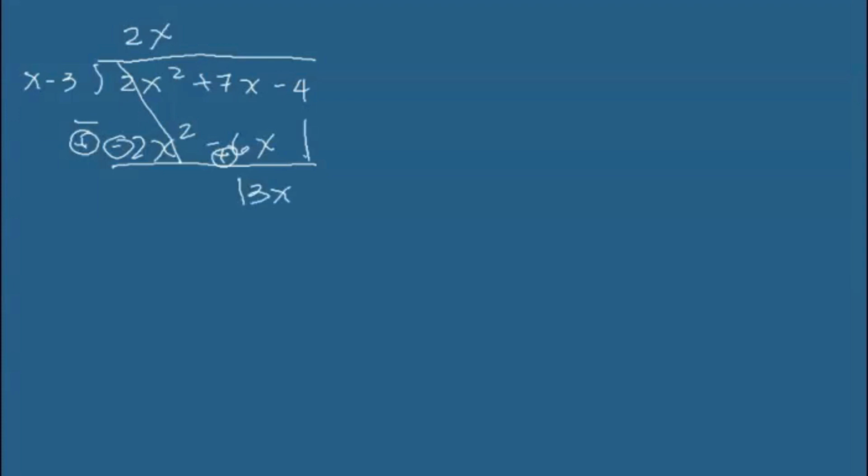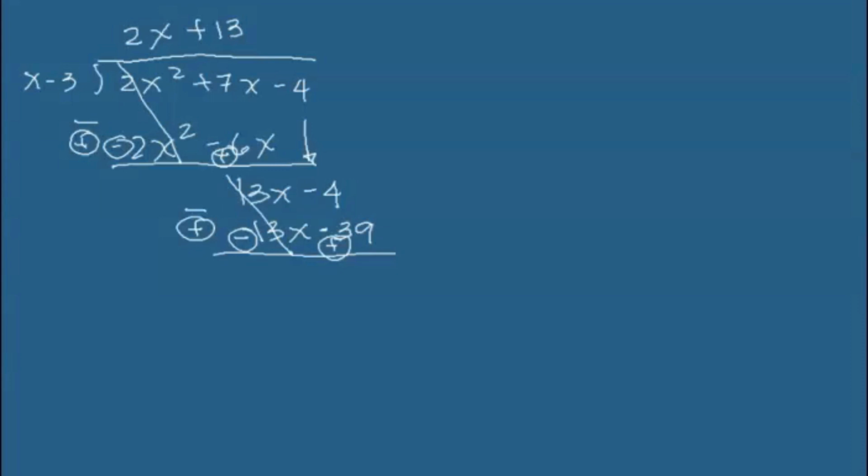And then bring down negative 4. And then divide. 13x divided by x is 13. Then multiply. 13 times x is 13x. 13 times negative 3 is negative 39. And then let's subtract by adding the opposites. 13x plus negative 13x is 0.